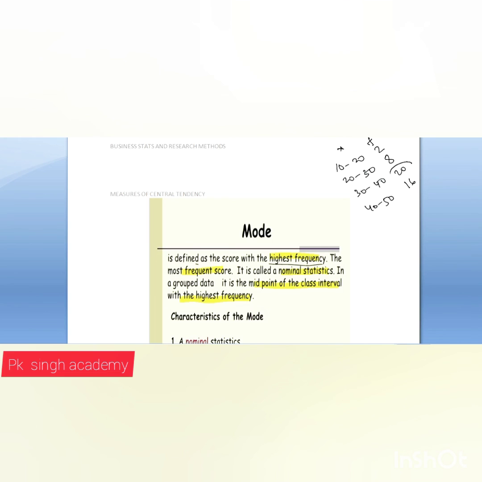So the frequency is highest in the 30-40 class, so this will be known as the mode. From here we will calculate the mode. What is the formula for the continuous series? We will see further. Now we'll see characteristics of mode.